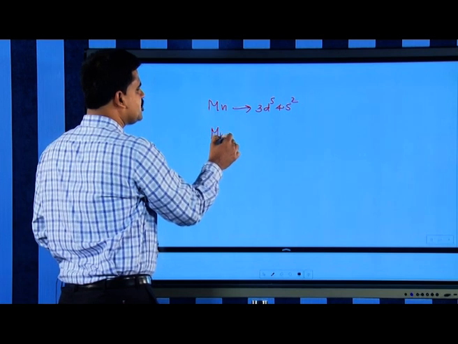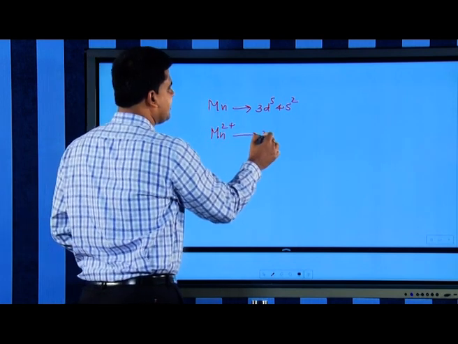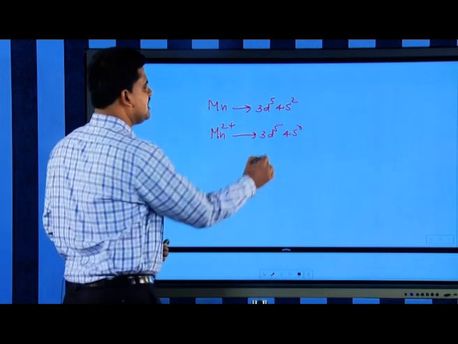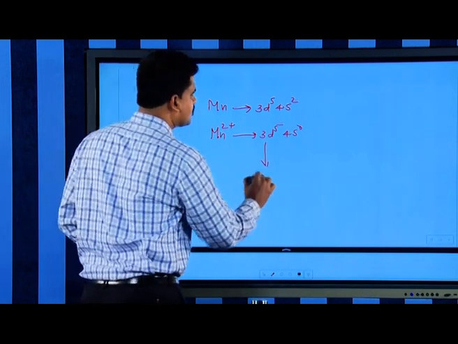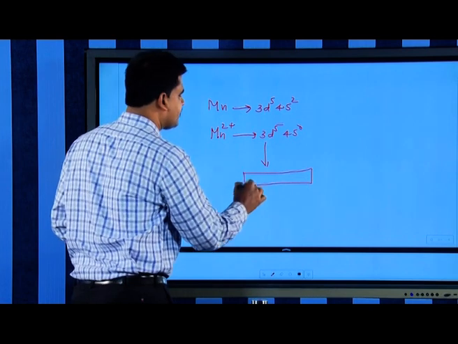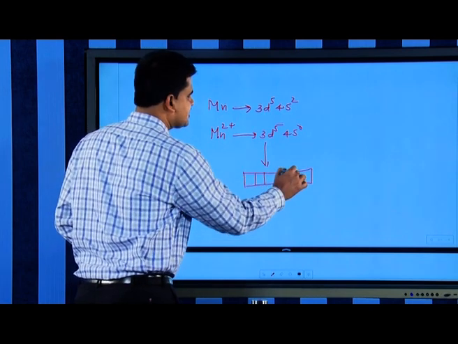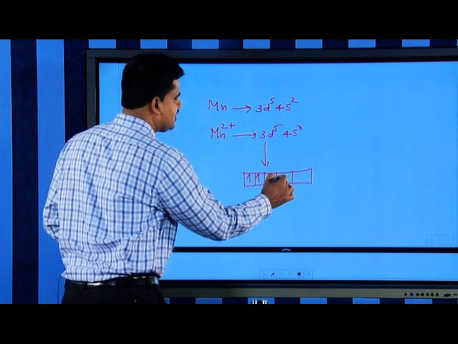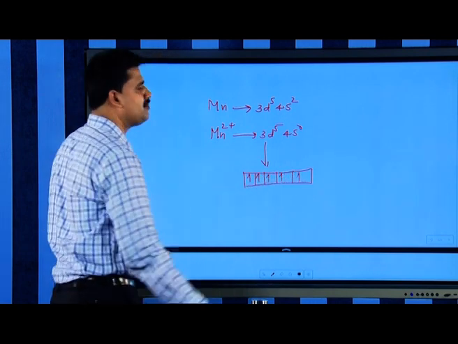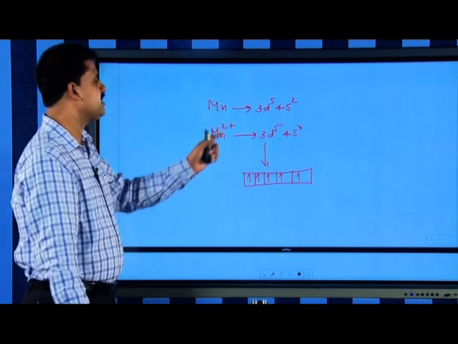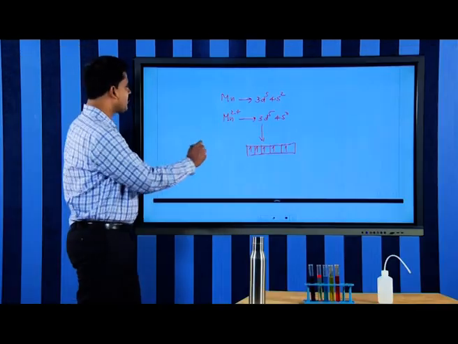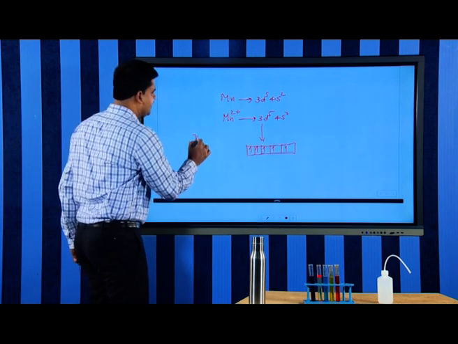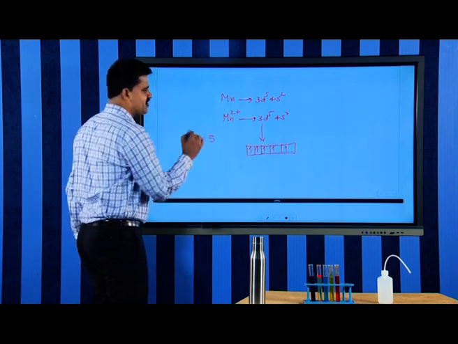When it is changed to manganese 2+, we will get the 3d5 4s0 configuration. If I represent the electronic arrangement in orbital mode, this will be the arrangement: 1, 2, 3, 4 and 5 unpaired electrons present in Mn2+. That is, for manganese, the number of unpaired electrons n is equal to 5.